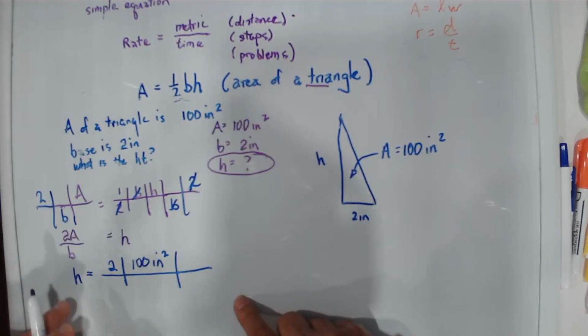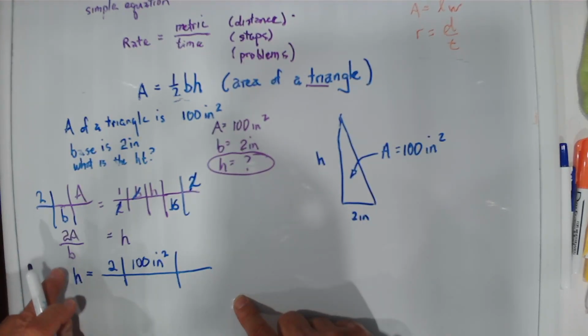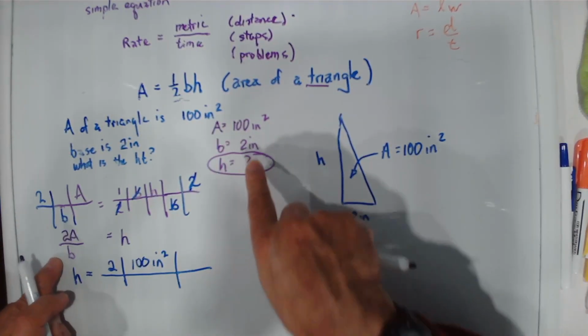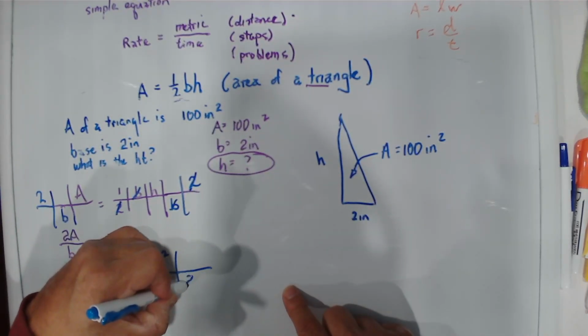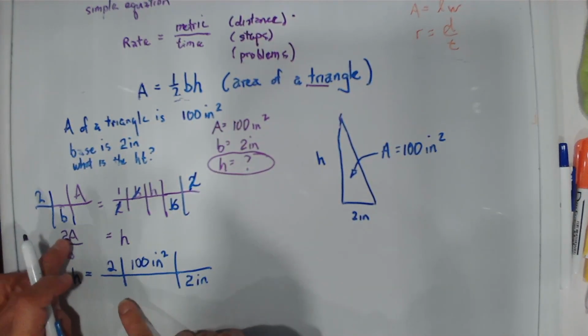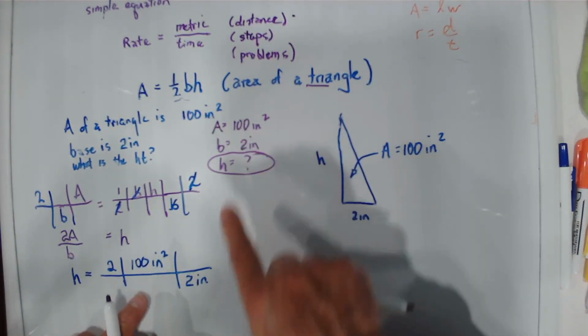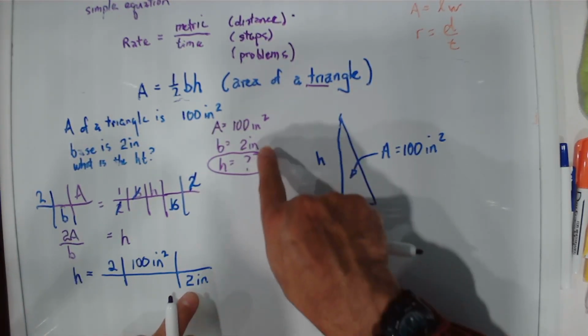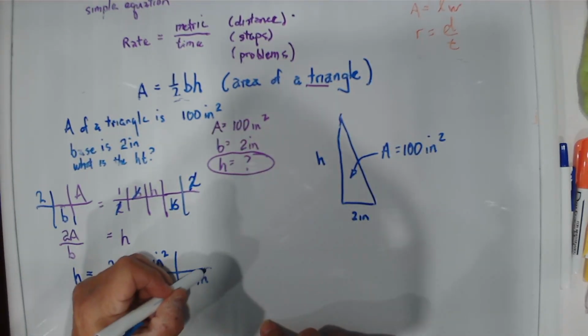So far, so good. And then B. The B is our base. It's 2 inches, and it goes on the bottom. 2A, 2 times A, that's 100, and 2 inches on the bottom. The base is 2 inches. Okay, I think we have it set up.